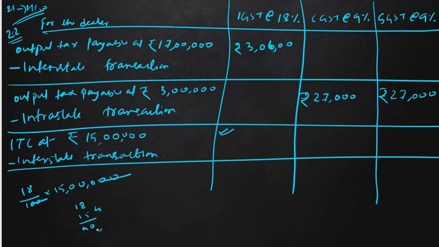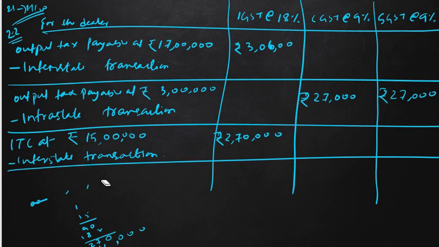If we calculate, the zeros cancel, so what will be 18 into 15? It is 270, and we need to add the extra zeros. So that means rupees 2,70,000.